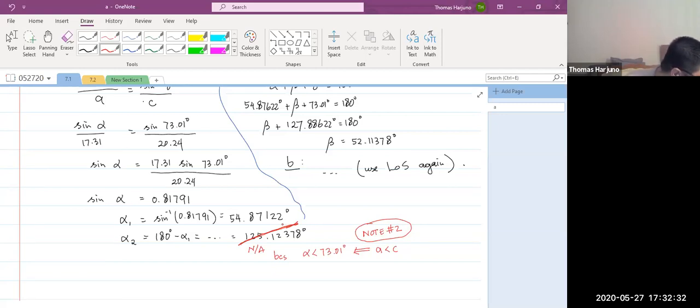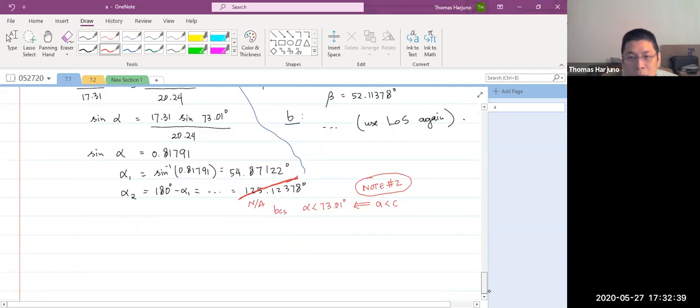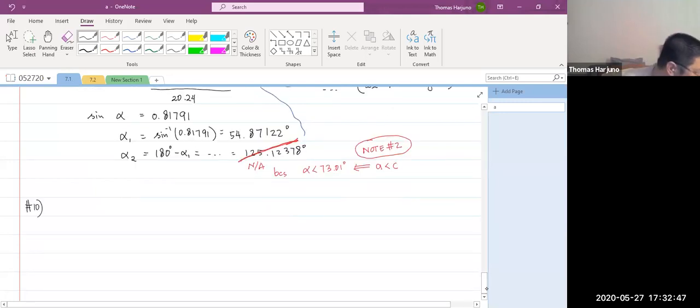Now, let's say, for example, question number 10. Alpha equals 27 degrees and 30 minutes. Let me change it to degrees right away, 27.5 degrees.